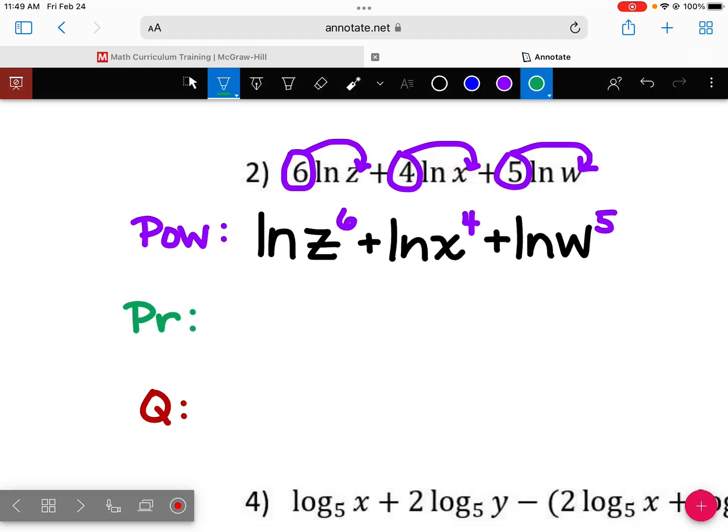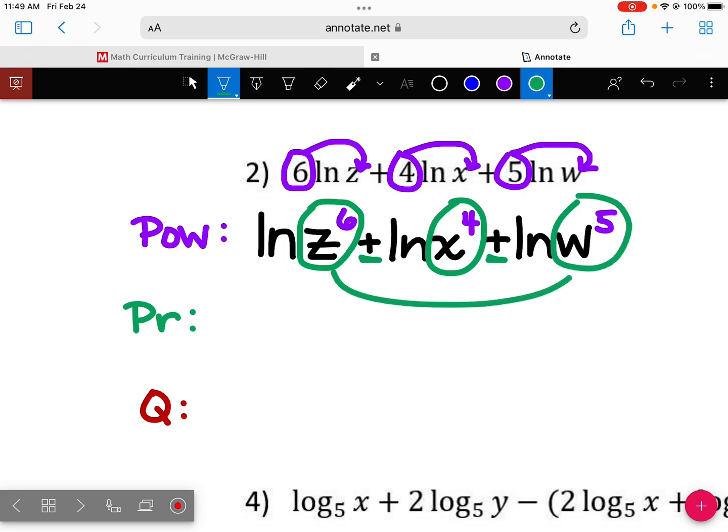What do I look for to see if I need to use the product step? Addition. Is there any addition? How many logs are being added together? 3 logs are being added together. Here are their arguments. This guy here, this guy here, and this guy here. What will I do with these three arguments? Multiply them together.